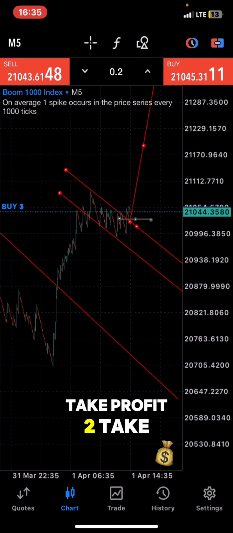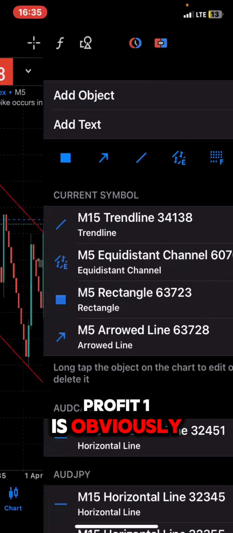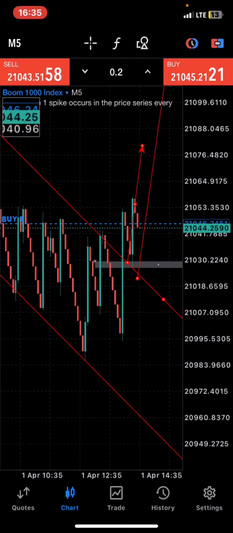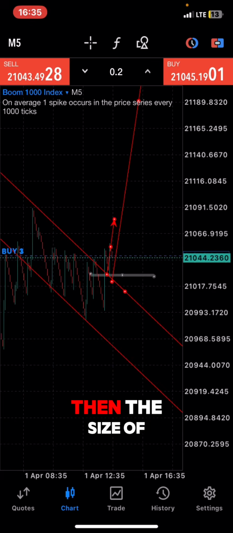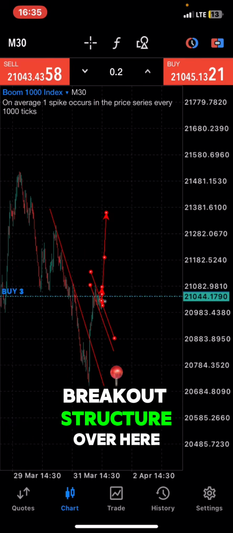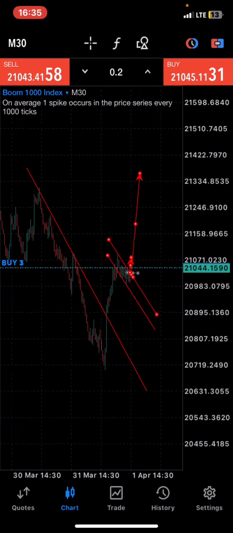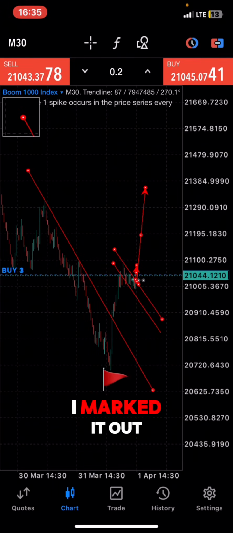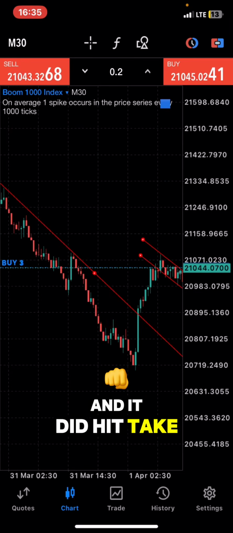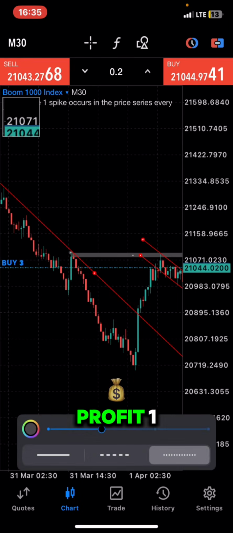Take profit 1 is obviously going to be the size of the pole, and then the size of the channel, then the size of the pole will be take profit 2. We have a beautiful breakout structure over here. Right over there, as you guys can see, I marked it out. There was a nice breakout structure over here, and it did hit take profit 1. So this was take profit 1.